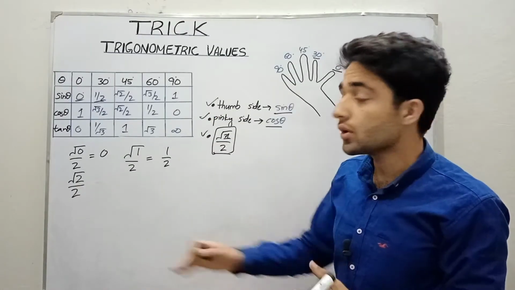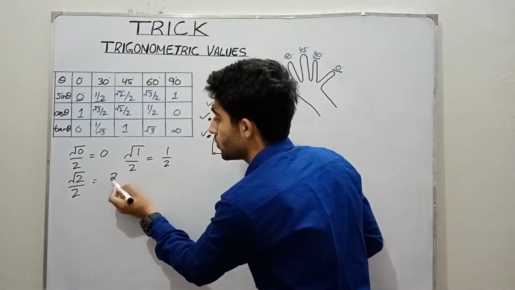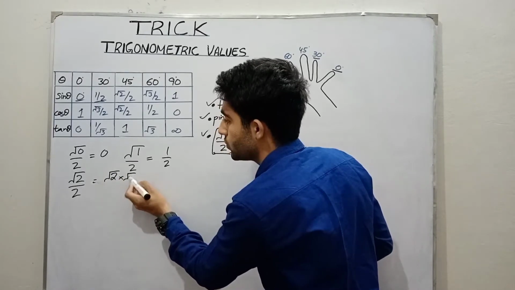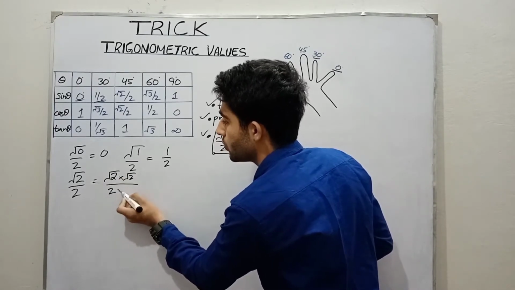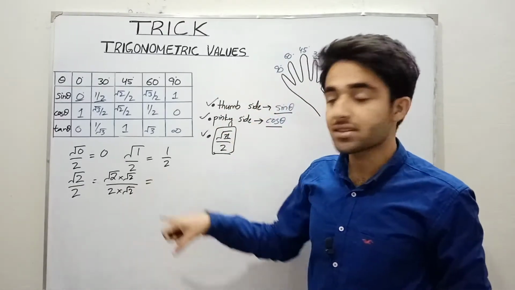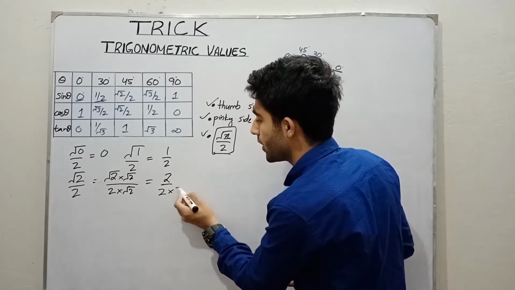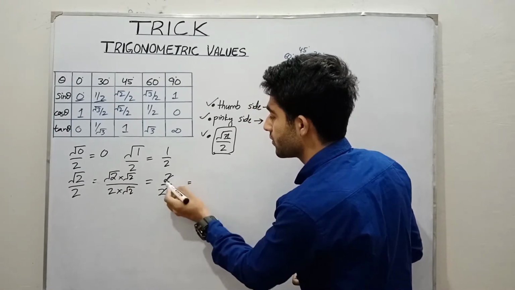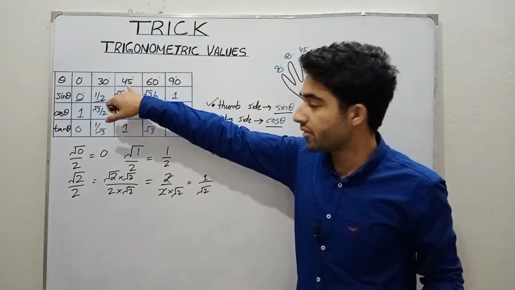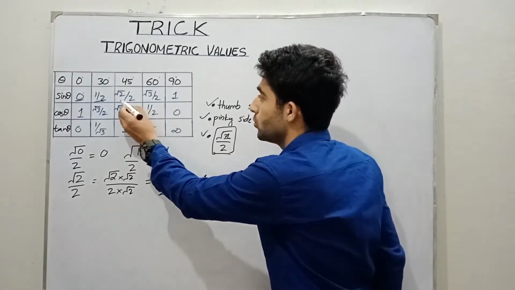You can also write it as 1 by root 2, since root 2 into root 2 cancels the square root and the remaining is 2, giving 2 by 2 root 2, which is 1 by root 2. So the value of sine theta at 45 degree is root 2 over 2.